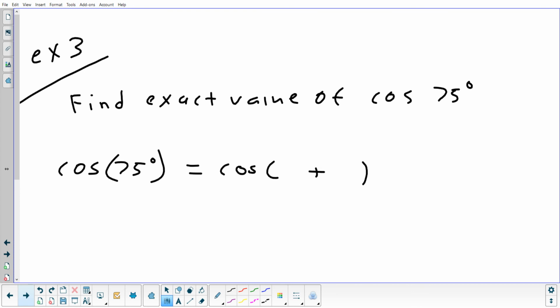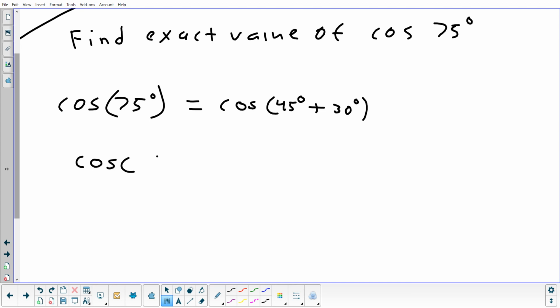Can anybody think of two numbers that I can add together to get 75? And they have to be multiples of 30 and 45. 45 and 30. Yep, 45 and 30. So this problem is almost identical to doing cosine of 15. The only difference is your angles aren't any different. It's just the symbol you put between them.